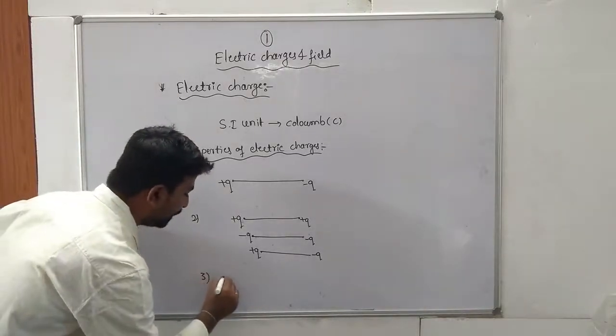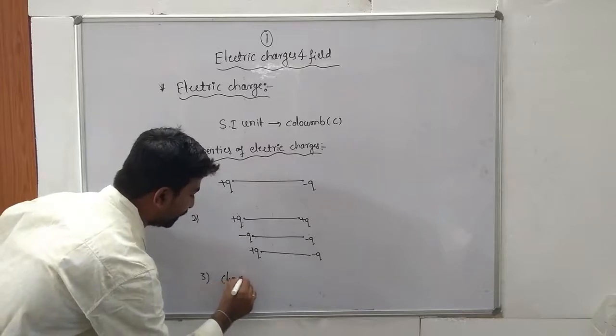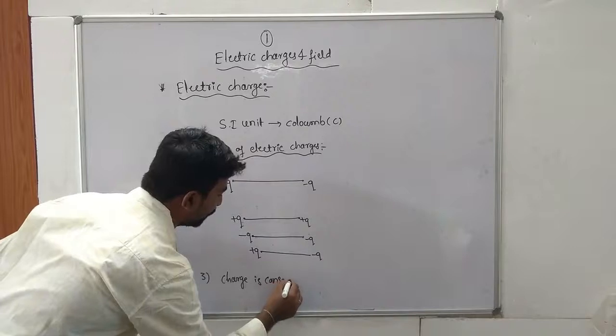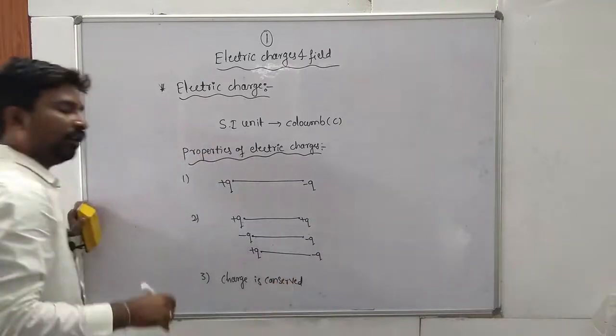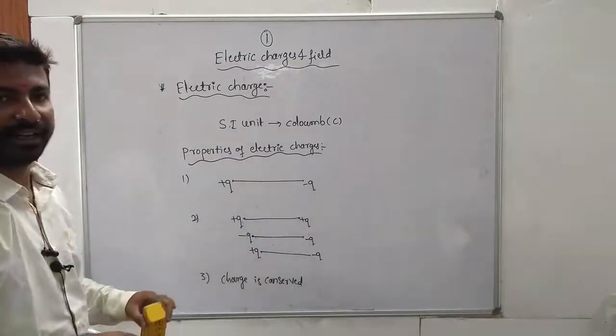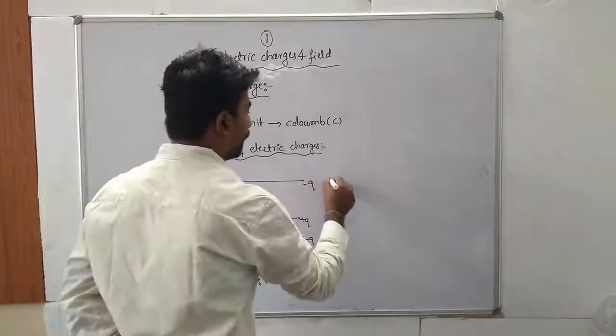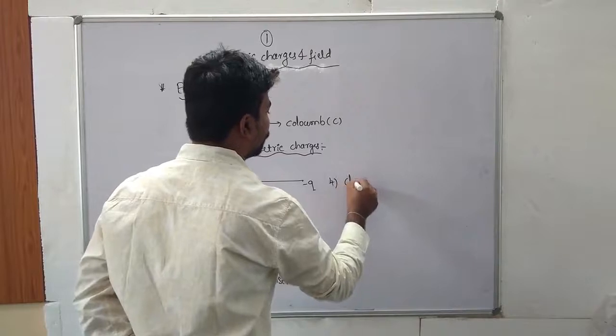Third property, charge is conserved, because charge can neither be created nor be destroyed. Fourth property, charge is quantized.